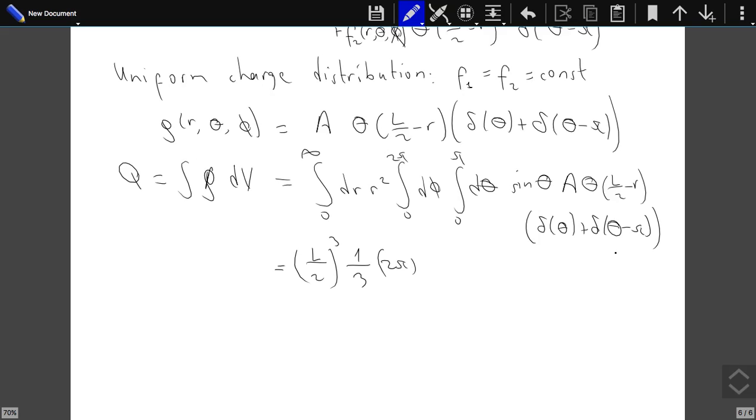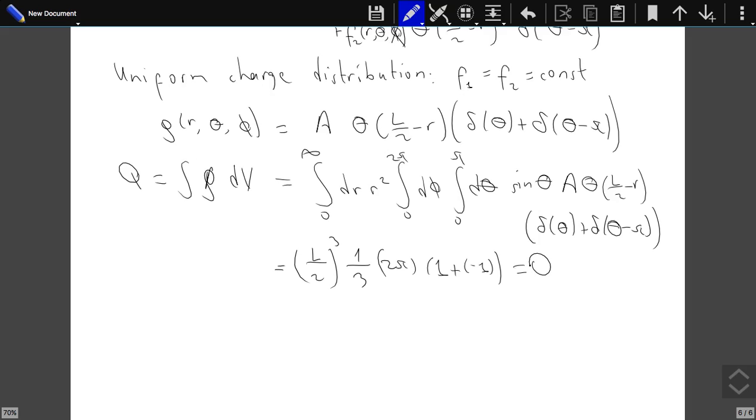One gives me sine of 0, the other one gives me sine of pi. Sine of 0 is 1. Sine of pi is minus 1. So 1 plus minus 1. This is equal to 0.